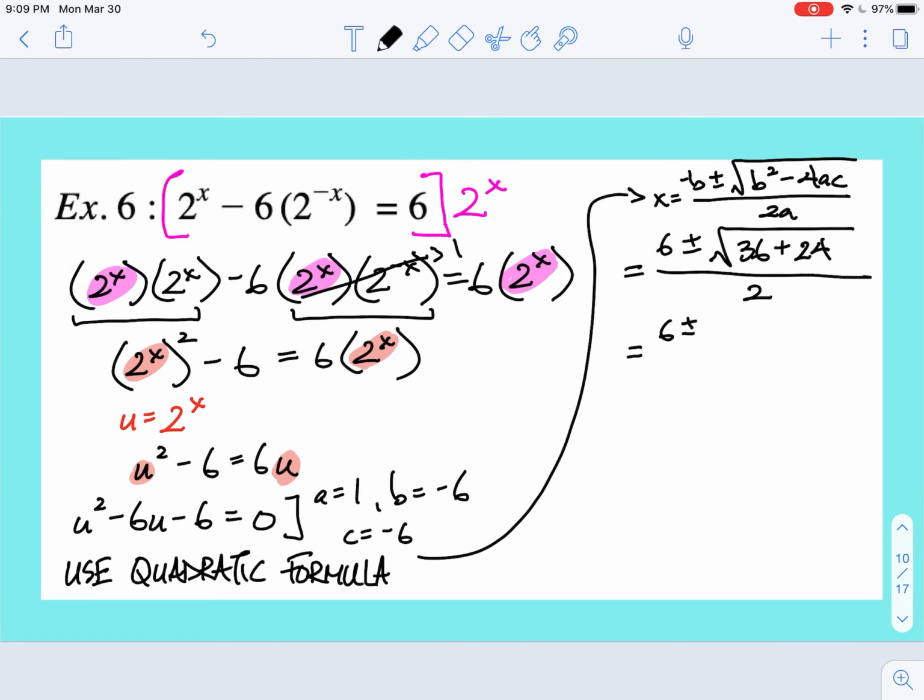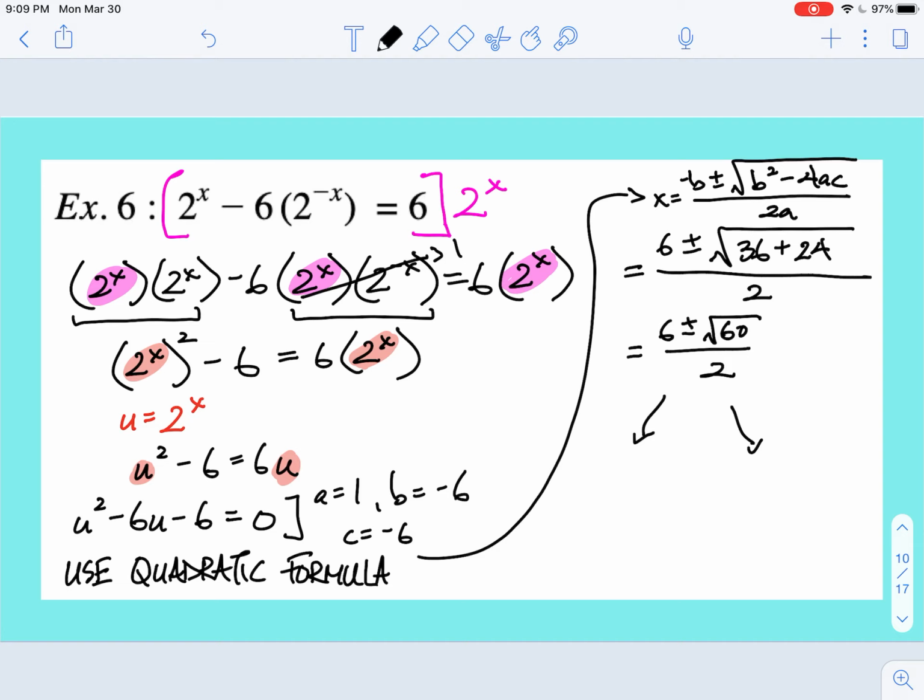So 6 plus or minus the square root of 36 plus 24 is going to give me 60 over 2. And you can turn that into decimals to get your approximate solutions.